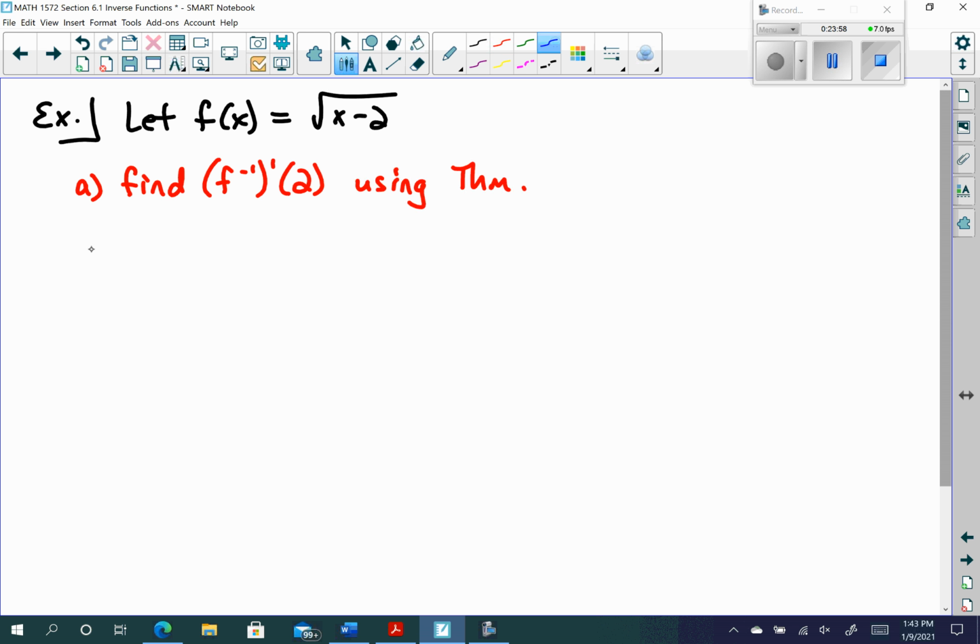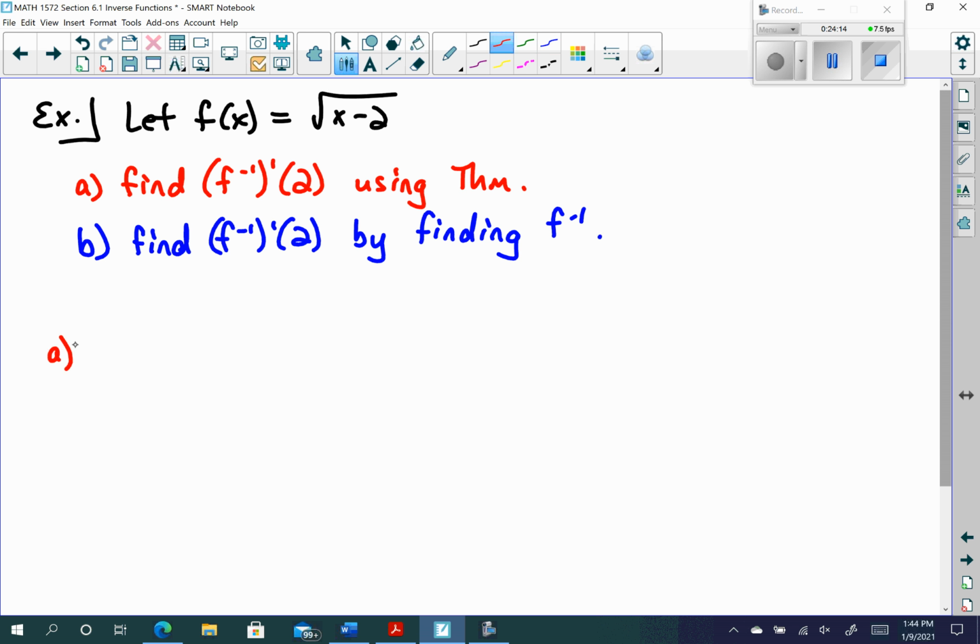And then for b, we're going to find the derivative of the inverse by finding the formula for the inverse first. So let's go to part A.